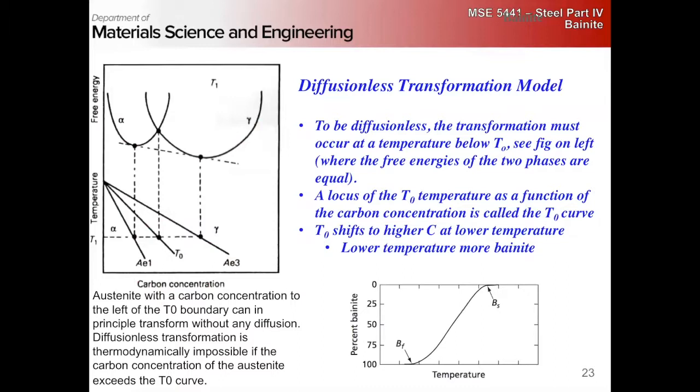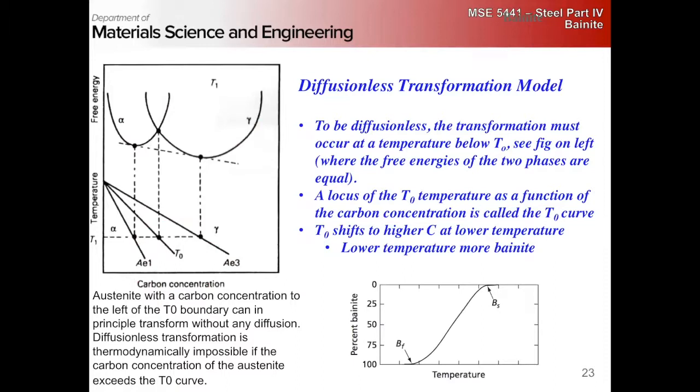Okay, so if we're having a diffusionless phase transformation, right? We're going from austenite to ferrite without any partitioning, right? That means we're moving on here's our double well potential. We're moving from our austenite curve down to our ferrite curve, right?